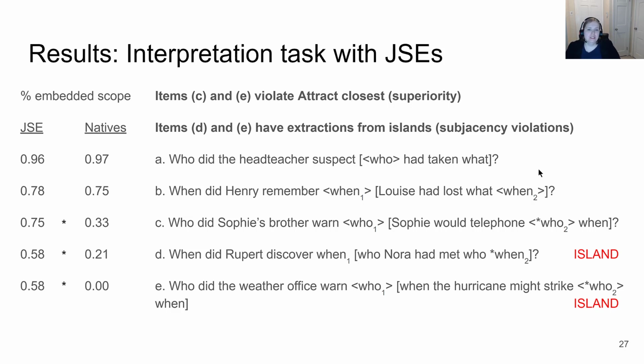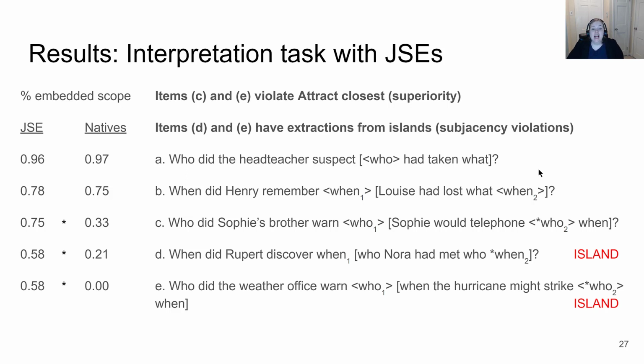So here is our data. As I said, what they had to do is say yes or no to all of them. So what I'm reporting here is percent acceptance of embedded scope because the prediction for the natives is very strong. As I said, A and B should be good to a native speaker, which is what we see. Although, because B is ambiguous, it's not 100% that they accepted it. They kind of went, sometimes I like embedded scope, I guess, just as much or more.